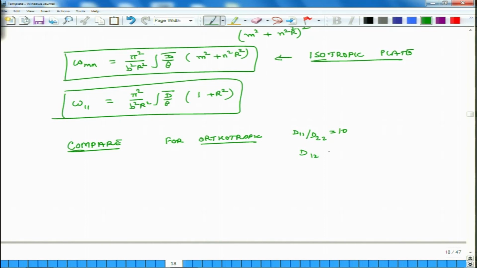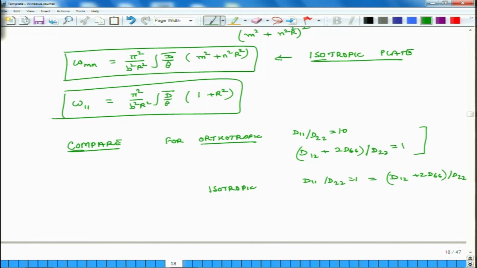And the other thing we will say is d12 plus 2 d66 divided by d22 is 1. So, this is for orthotropic plate, and for isotropic plate we already know that d11 over d22 is 1 and it is same as d12 plus 2 d66 divided by d22.